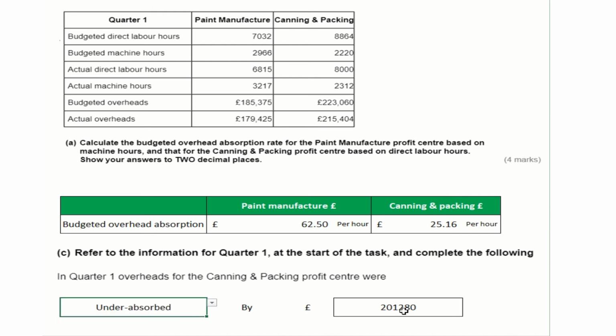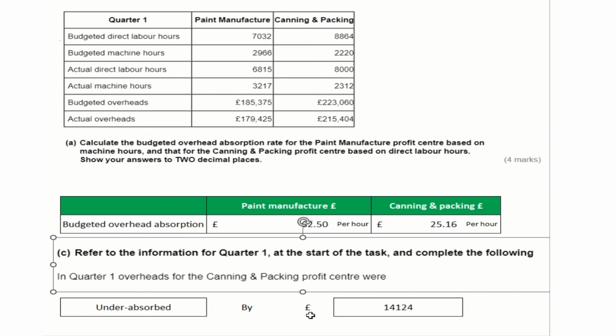So what we can do is work out the difference, which is what they want: 215,404 minus that, and we end up with a difference of 14,124.